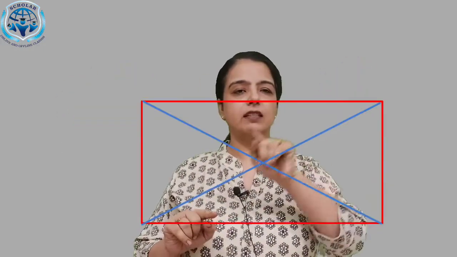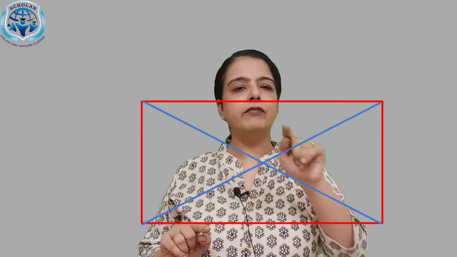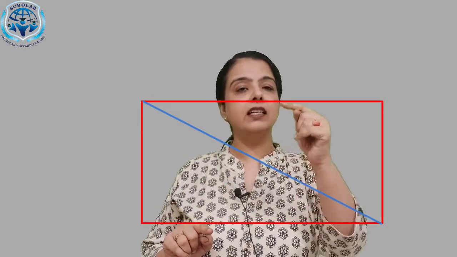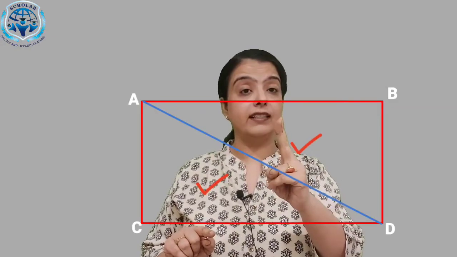So let's proceed with our exercise 11.2. Now, you are familiar with most of the shapes like rectangle, square, circle, etc. So, if we talk about a rectangle, it has two diagonals. If we draw only one diagonal, the rectangle is divided into two triangles.